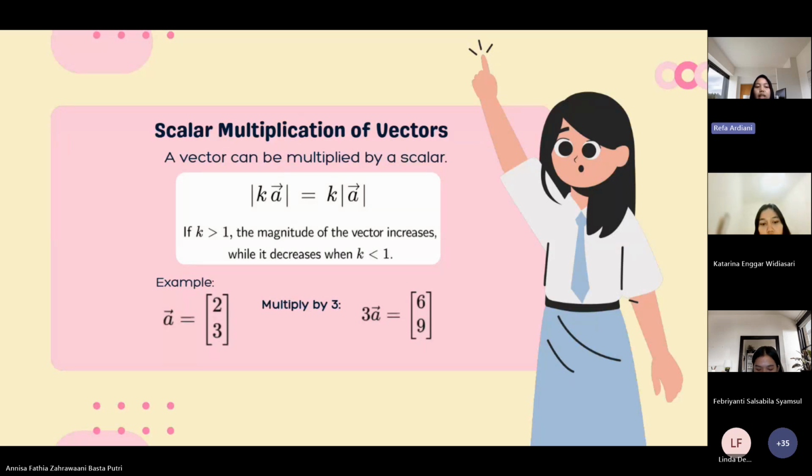So 3 times 2 is 6, and 3 times 3 is 9. So the result is (6, 9). Therefore, k times vector A equals (6, 9). Okay, next slide.